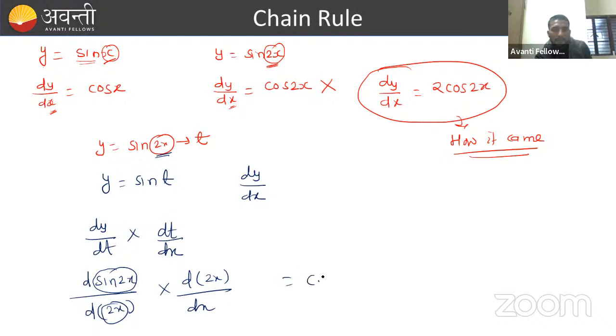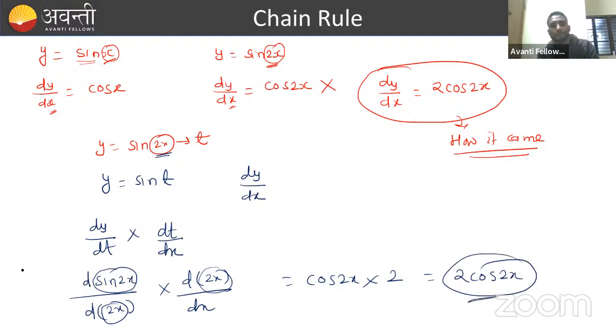So now I can write it is cos 2x, and then into, one extra thing comes, it is 2. So it is 2 cos 2x. Now you can see there is a chain. The dt can cancel out, and still it will be dy by dx. So this is a very small problem.